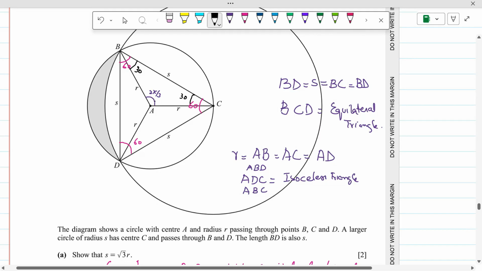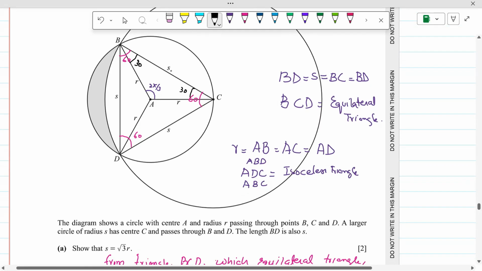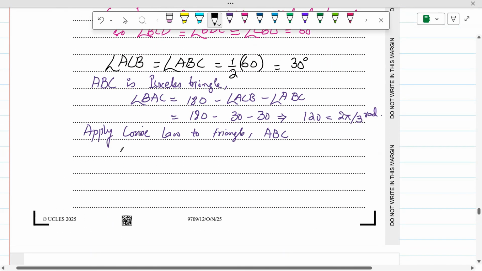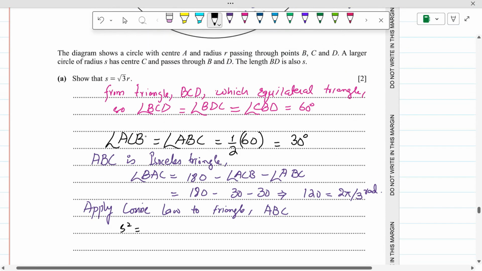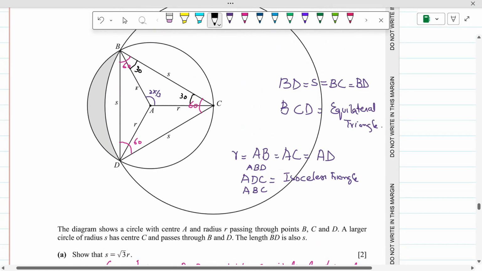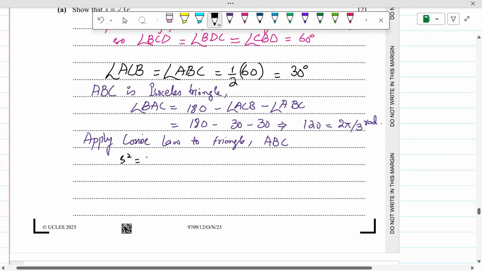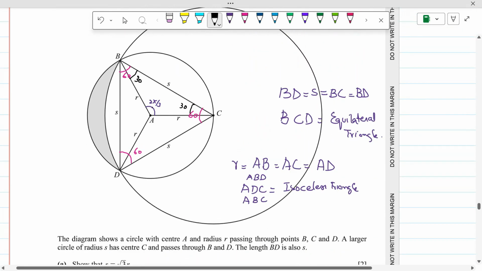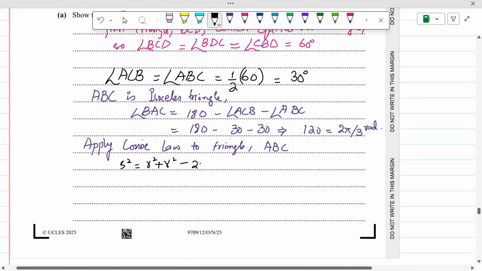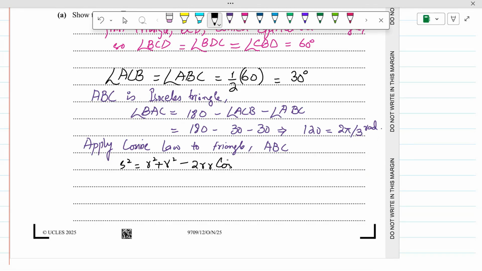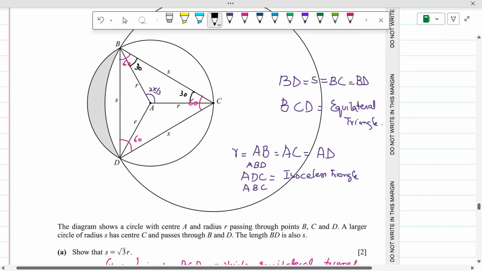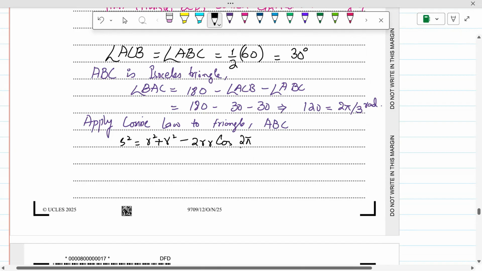The side opposite to this angle is S. So S squared is equal to the sum of the squares of the adjacent sides. The adjacent sides are AB, which is R, and AC, which is R. So R squared plus R squared minus 2 times the product of the adjacent sides, R, times cos of this angle, which is 2 pi over 3.